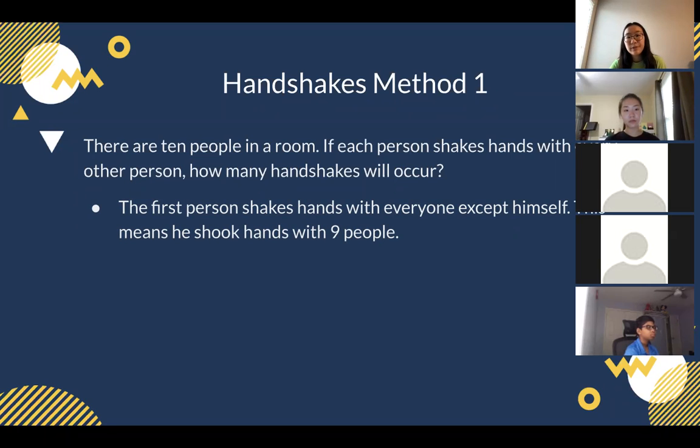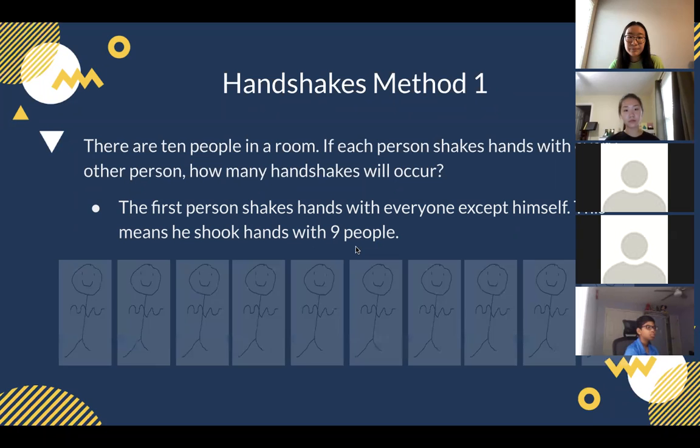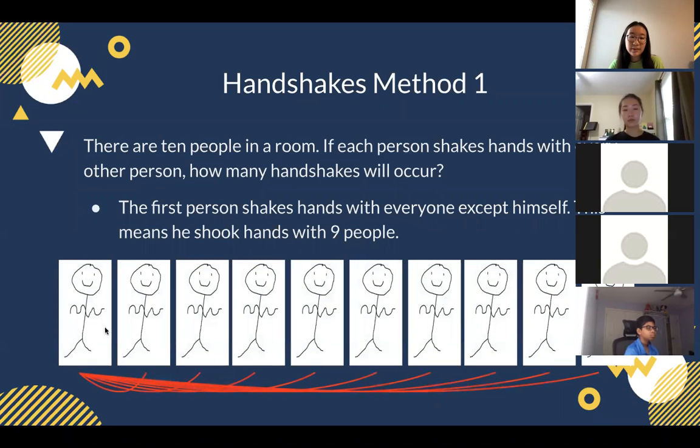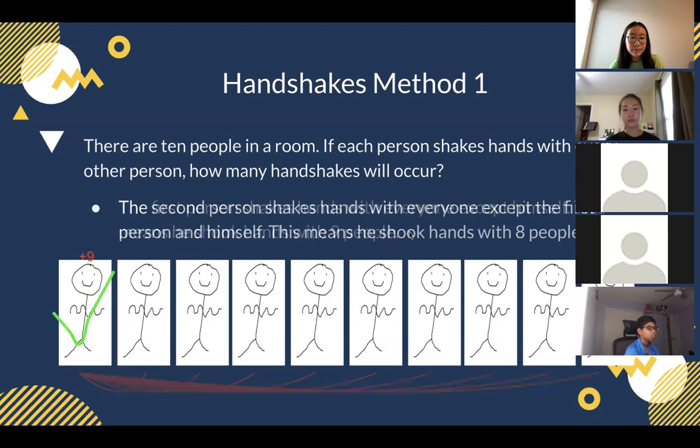So the first person is going to shake hands with everyone except for himself. So he's going to shake hands with 9 other people. You can see here, he's going to have a connection to each of the others, and there's going to be 9 connections. Okay, and then the second person is going to shake hands with everyone except for the first person, because the first person already shook hands with the second person.